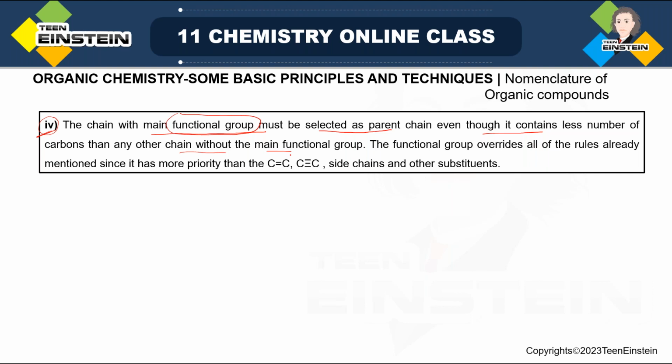It may be that you have already chosen the parent chain as the longest chain, but it does not contain the functional group. But there is another way to choose the parent chain which is not as long as the previous one, but contains the functional group. So you have to give priority to that. Here we will take one example to understand this point.